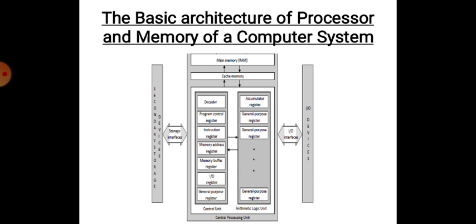The rectangle on the left is secondary storage devices, whereas the rectangle on the right stands for I/O devices. These secondary storage devices and I/O devices are connected to the central processing unit through interfaces. So that is the connection.